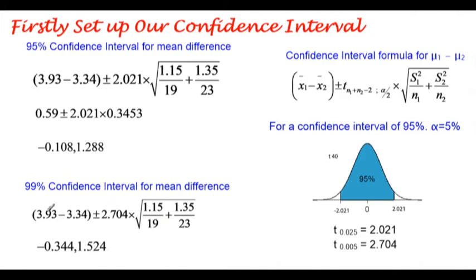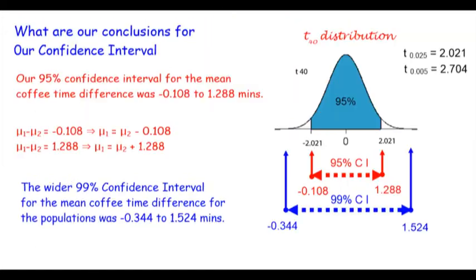Okay, so you can see here a 99% confidence interval. So it's 1% on either side, so it's a bit wider. 2.704 is the factor here, and you can see here we have a bit of a wider mean difference. As you know, the 95% confidence interval is a bit tighter than the 99% confidence interval.